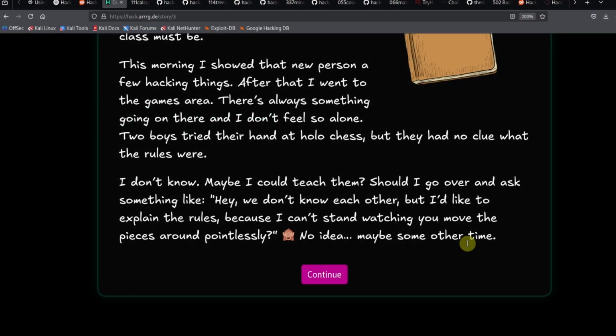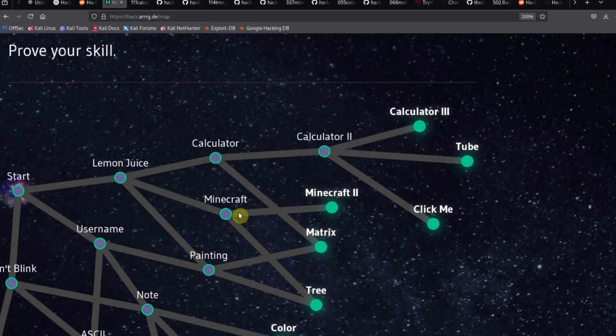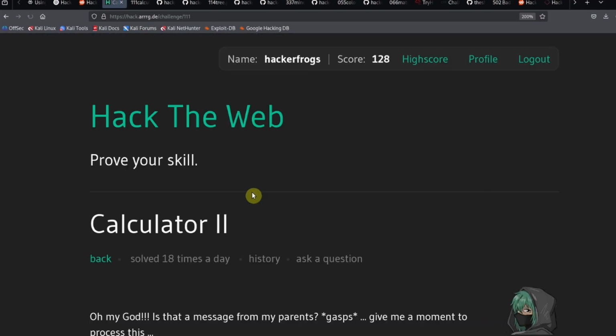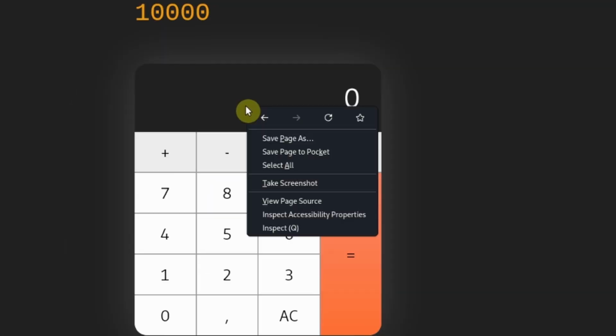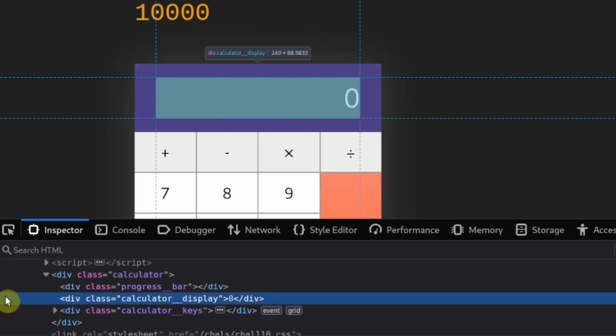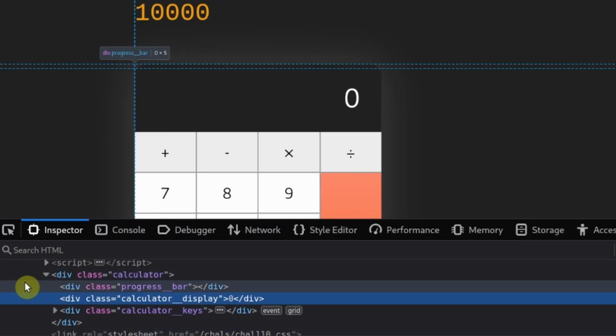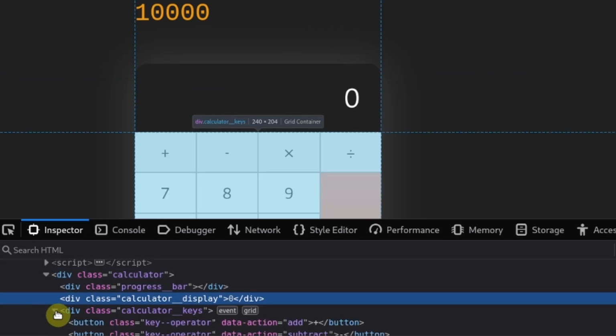Eli says you can also change the value in the element inspect. Oh, really? I didn't know that was an option. Let me give that a try. Okay, so we go to calculator, and then we go over to element inspect. So we go over here and we go inspect, and let's see, here's the calculator div.